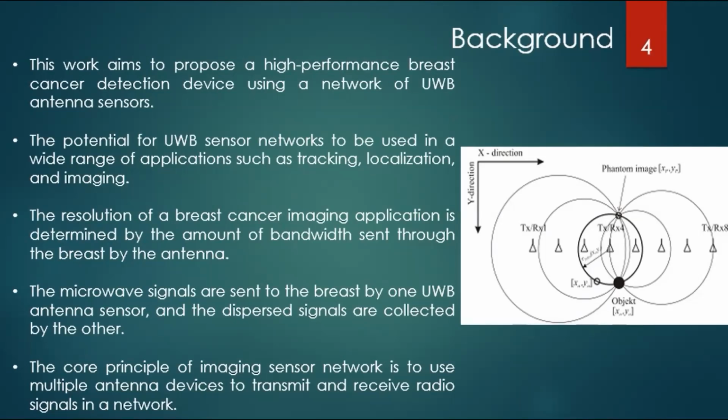The microwave signals are sent to the breast by one ultra-wideband antenna sensor, and the dispersed signals are collected by the other. The core principle of the imaging sensor network is to use multiple antenna devices to transmit and receive radio signals in a network.